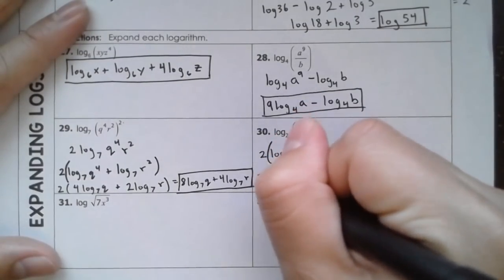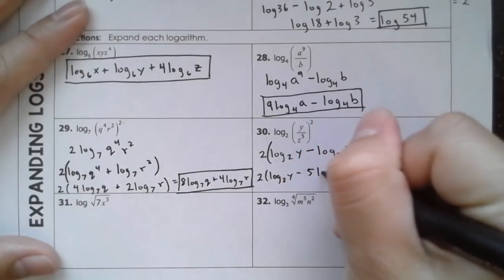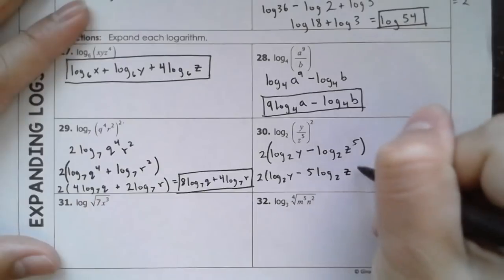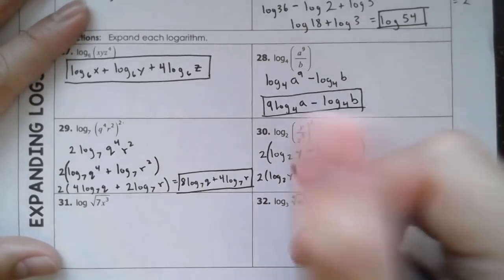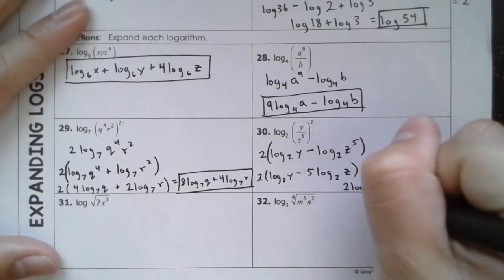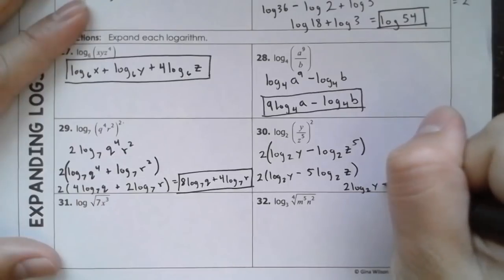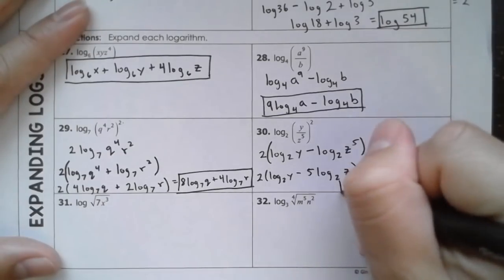So I have 2 times log base 2 of y minus 5 log base 2 of z, and then I distribute the 2 into both terms. So I have 2 log base 2 of y minus 10 log base 2 of z.